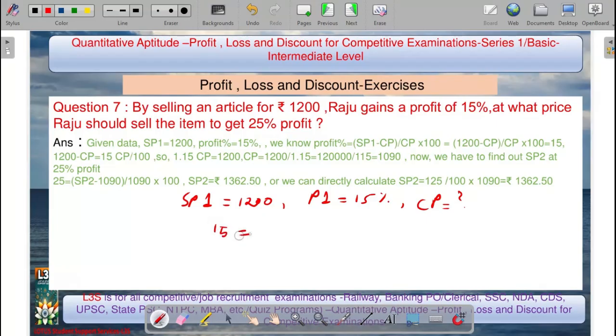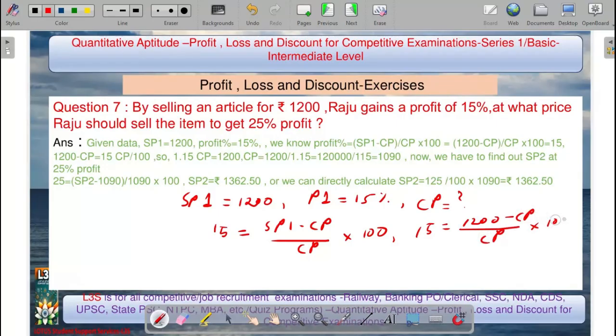If we do it through the formula, it will be like this: 15 equal to SP1 minus CP by CP into 100. So 15 equal to 1200 minus CP by CP into 100.